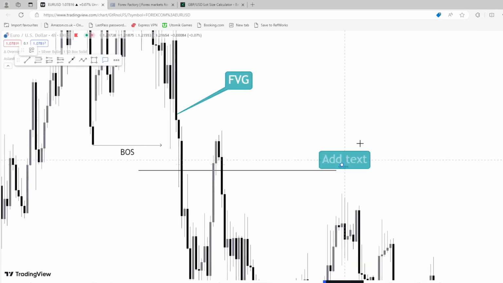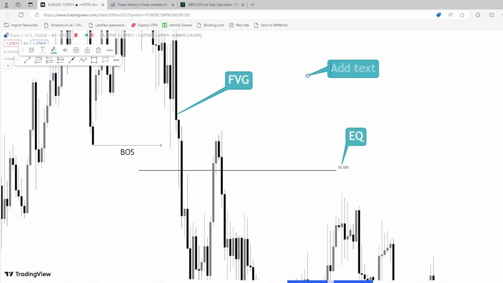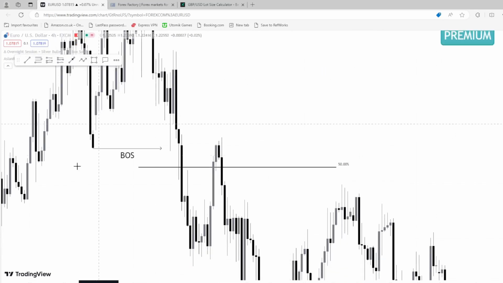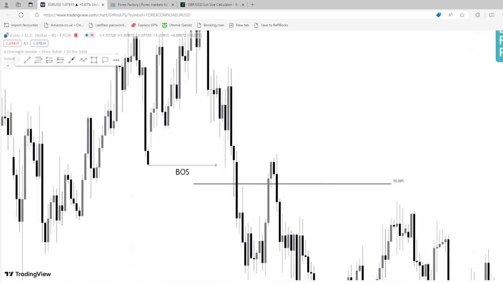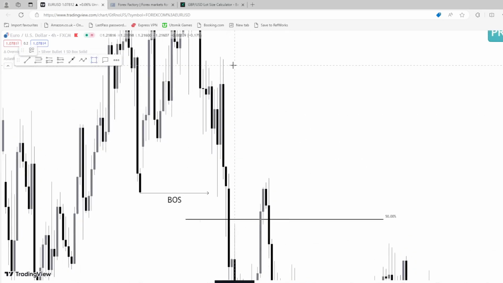We have the equilibrium over here. So this is our equilibrium level, the 50% level. So anything above the equilibrium is essentially the premium range of price. Premium, okay? So we have a fair value gap, and we're priced in the premium with a break of structure, right? So our fair value gap will indicate where our order block will be. So, our POI will be.